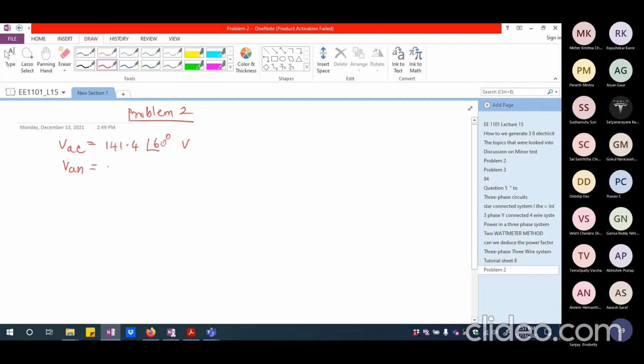I have to first of all divide this by √3, because we always talked about V line equal to √3 times V phase. That is the first thing. So magnitude I can get directly. How will I get the angle? So if I say that this is VA and this is VB and this is VC.